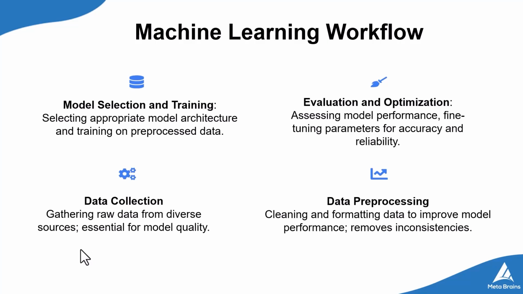Then we go to model selection and training. This phase involves choosing the best model architecture for the task. During training, the model processes the data, adjusting its parameters to better capture patterns. And then finally, we have evaluation and optimization, which uses metrics like accuracy and precision to gauge model performance. Through fine-tuning, the model's accuracy and reliability are enhanced, ensuring robust deployment capabilities.